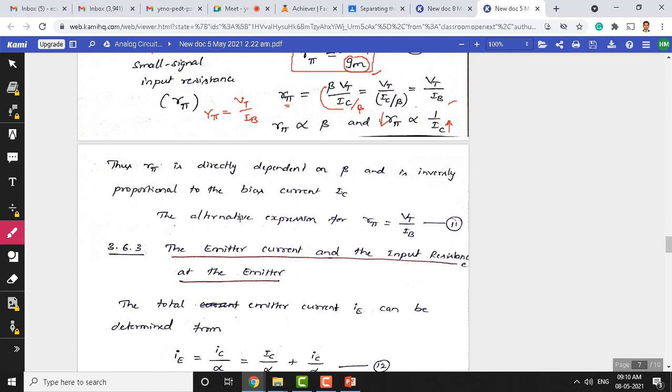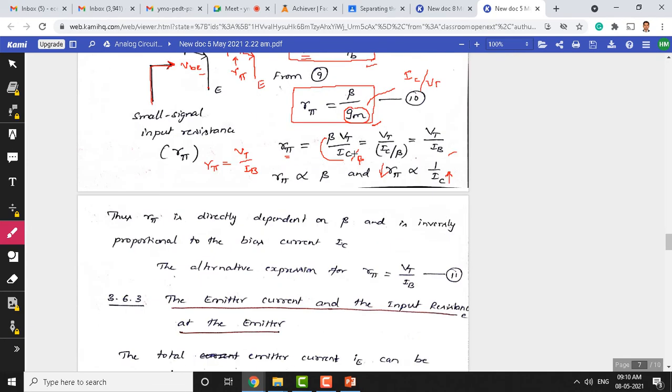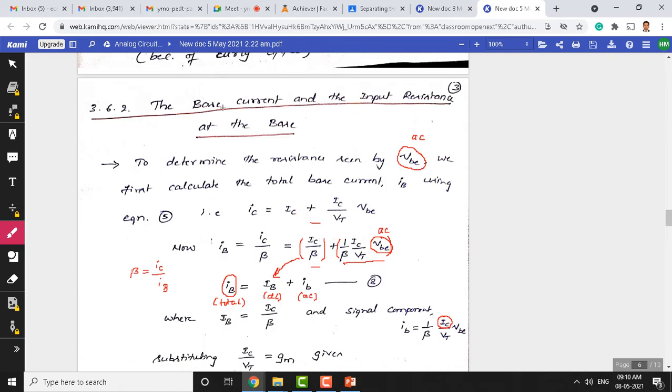Okay, next we have another important resistance, which is the emitter resistance, which we need to measure at the emitter. Before calculating the emitter resistance, we need to calculate the emitter current. Let us see the similar procedure I showed for the base current and input resistance at the base.